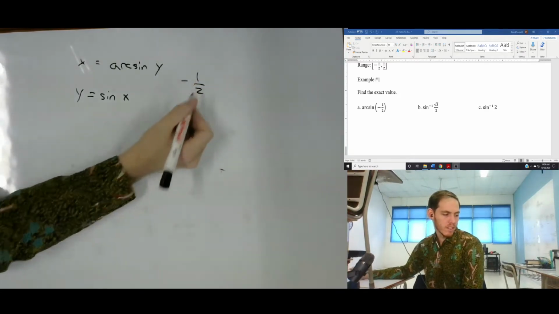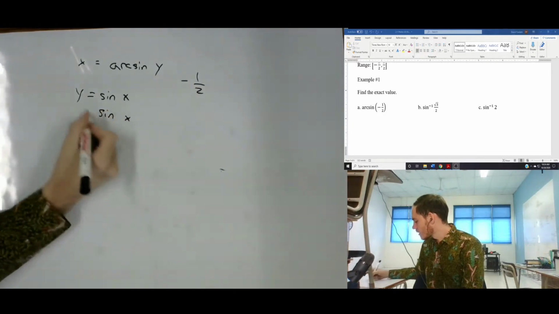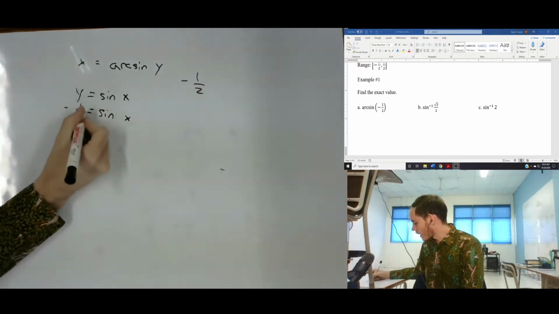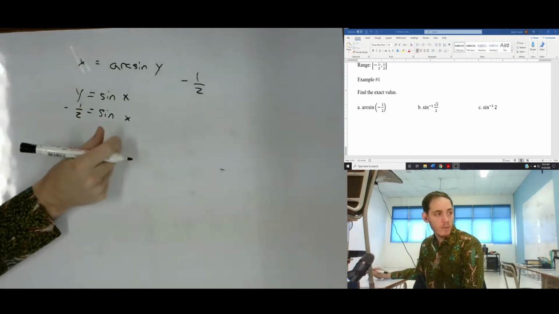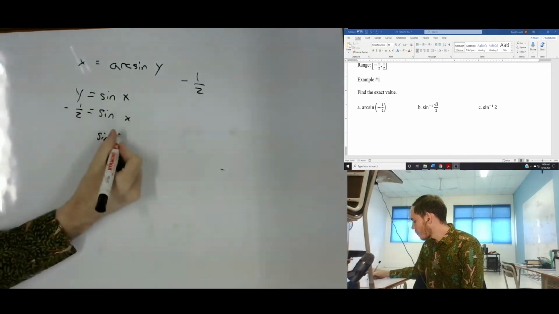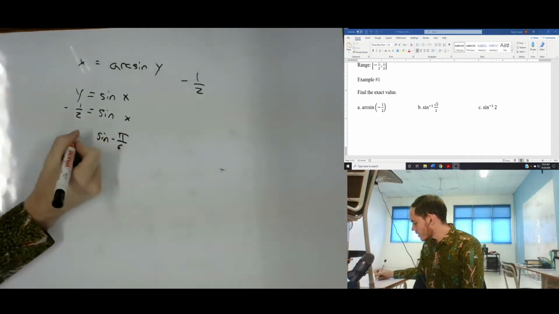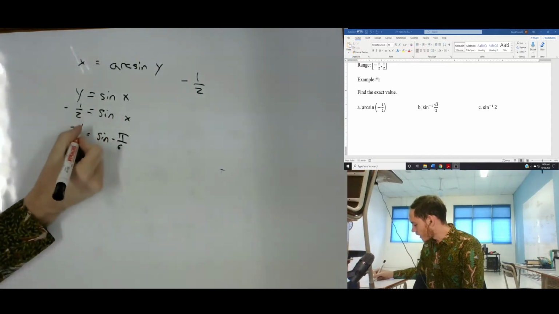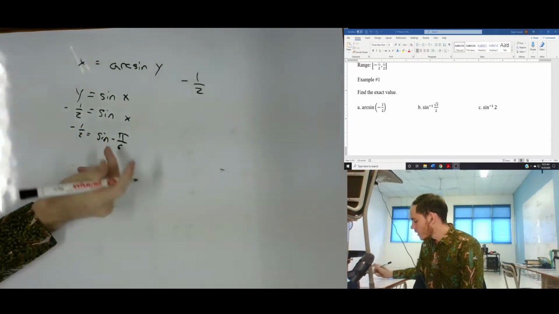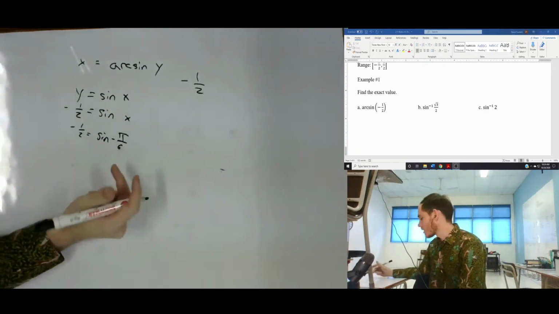What you can think is: sine of what equals -1/2? Well, sine of negative pi over 6 equals -1/2, right? Not positive, but -1/2. So negative pi over 6.